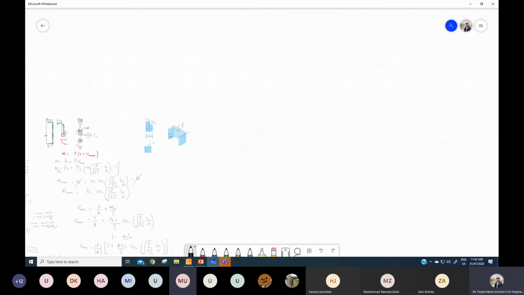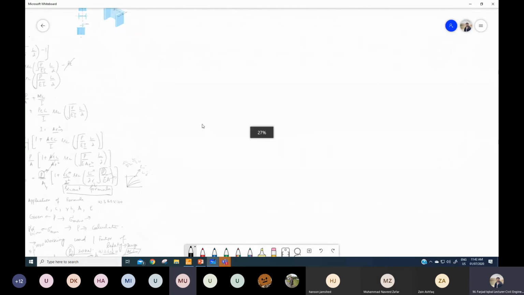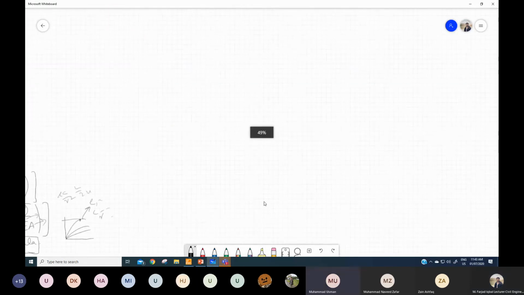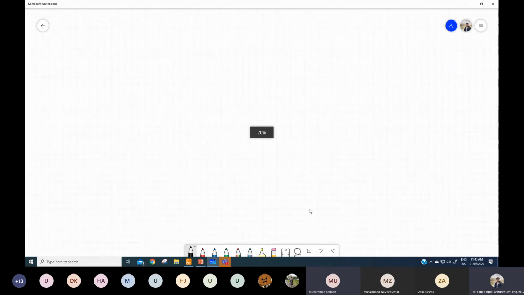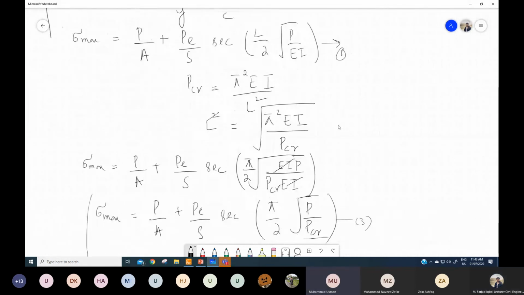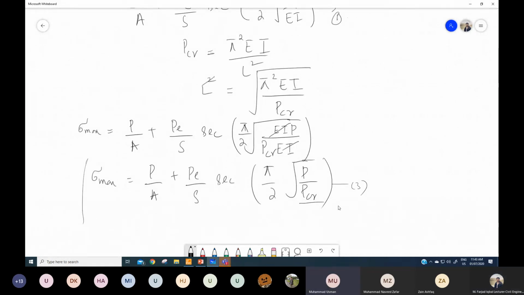Is P critical the load at which the yielding stress occurs? No, P critical is the load if the column is loaded right on the centroid, and this P is the load when the column is loaded at some eccentricity.